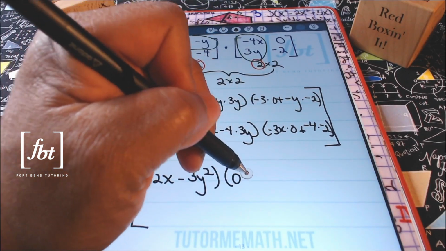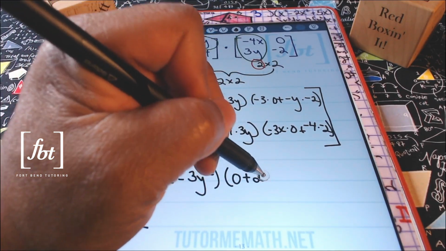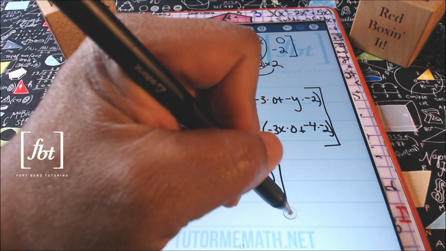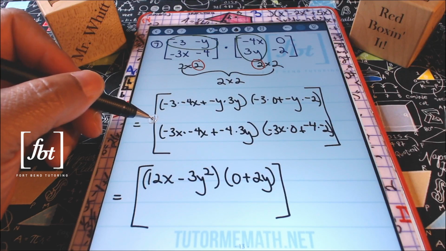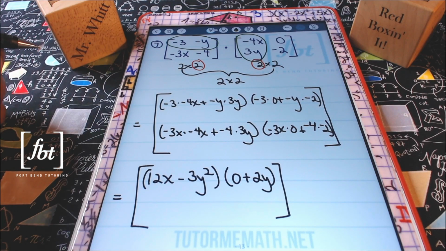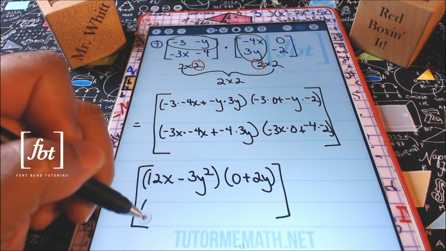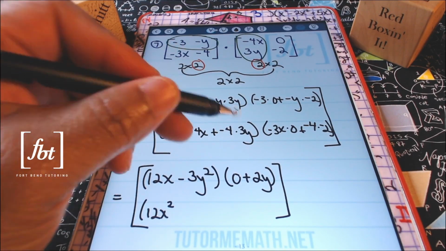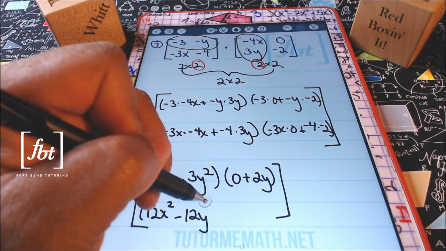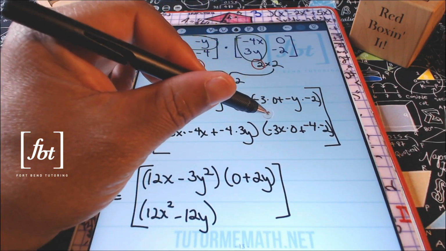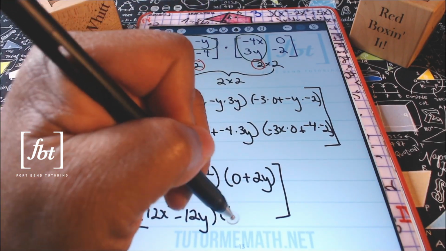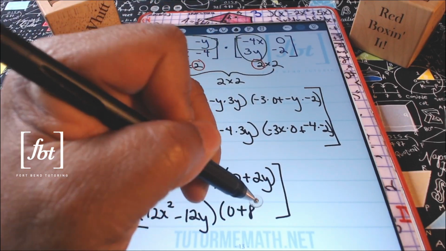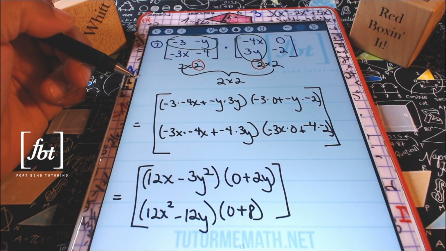And then add to that 2y, because when multiplying negative y times negative 2, you end up with positive 2y. In the second row, we have negative 3x times negative 4x. That gives you a positive 12x squared. Multiplying negative 4 times 3y, that's negative 12y, guys. Then multiplying negative 3x times 0, you get 0. Multiplying negative 4 times negative 2 is positive 8 all day, every day.